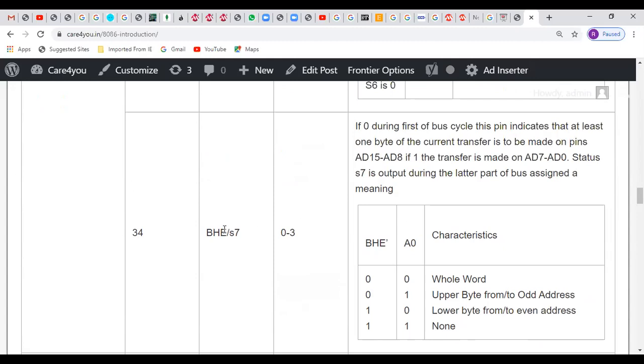BHE meaning is bus high enable. Are you understanding? Come on the chat. What is the full form of BHE? Come on the chat fast. You have only 1 minute of time with me. What is the full form of BHE? Come on the chat.